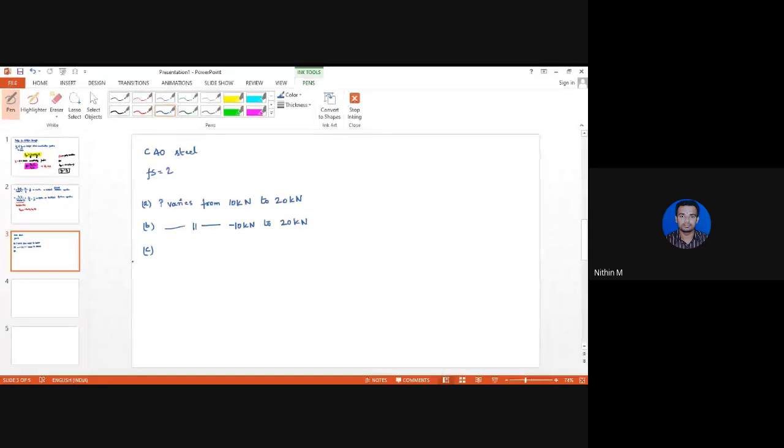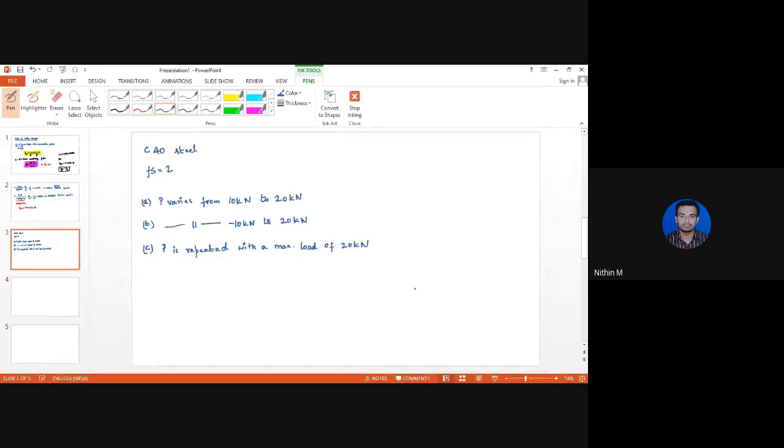Case C, P is repeated with a maximum load of 20 kilonewton.